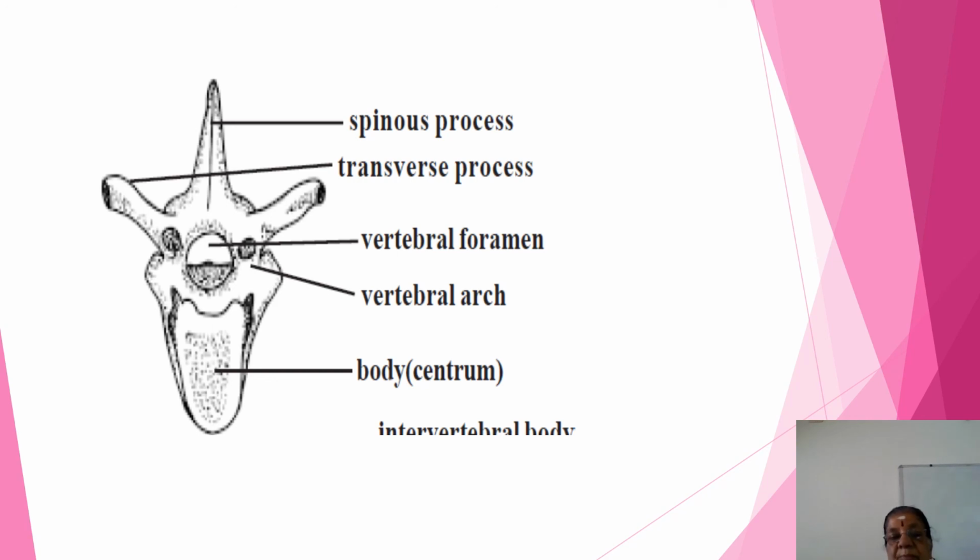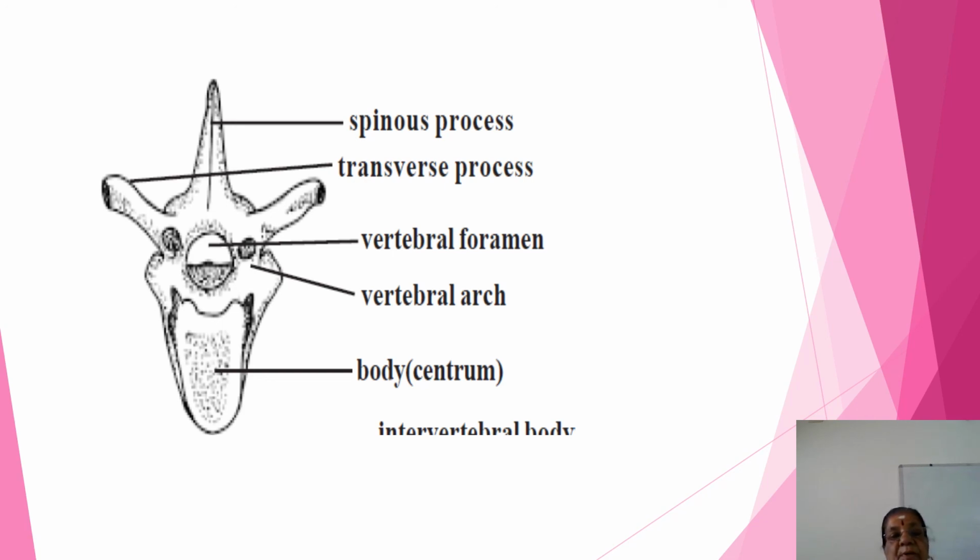I hope you understand. And then there is a center hole called vertebral foramen, through which the spinal cord passes. Inside the vertebral column, the spinal cord is protected. And then the 2 projections form the vertebral arch.